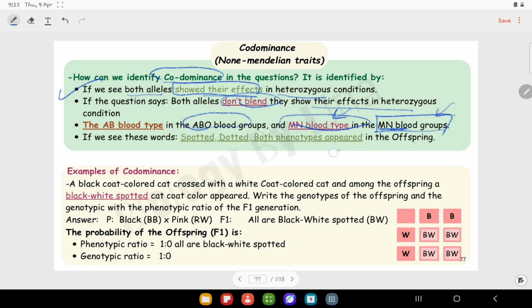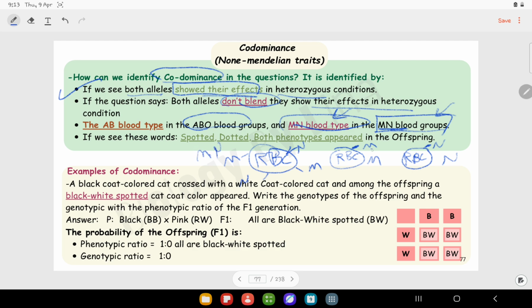In this MN blood group, we also have the RBC, and on the surface of the RBC, some people have a molecule named the M molecule, and their blood group is M. Other people have on the surface of the RBC another molecule named N, so their blood group will be N. But if a person has both the N and M molecules on the surface of the RBC, their blood group will be MN.